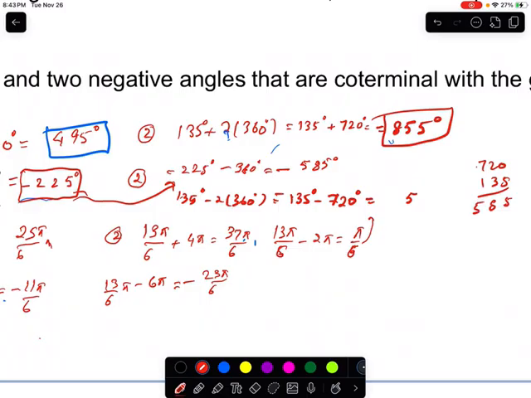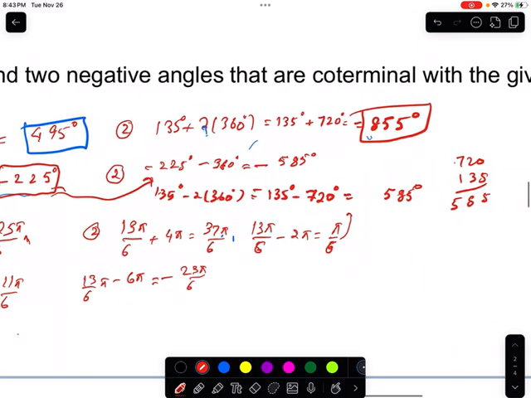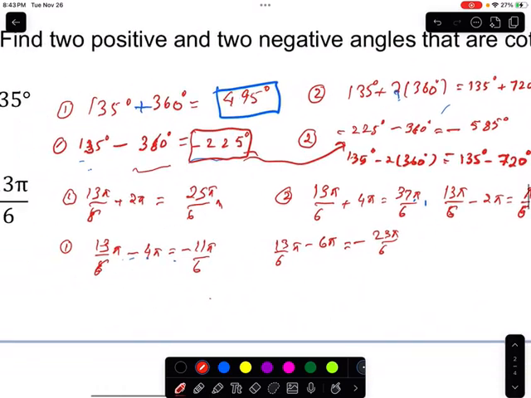So we get the same answer, 585 degrees, with a negative sign. Okay, so you can do this either way.